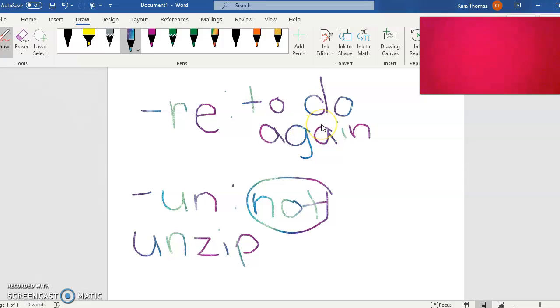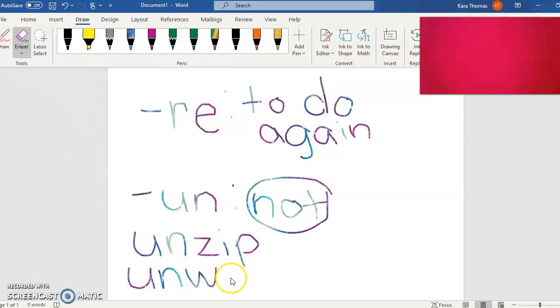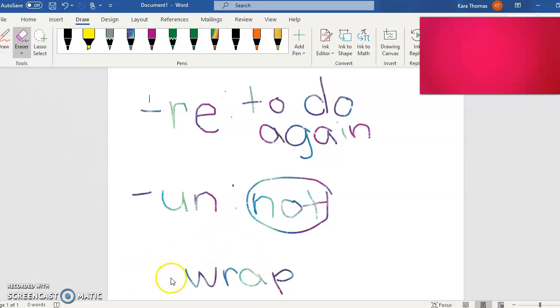Let's think of another word here. Unwrap. Oh, I spelled that wrong. Unwrap means it is not wrapped. Okay, so when you add these prefixes to a word, it changes the meaning.